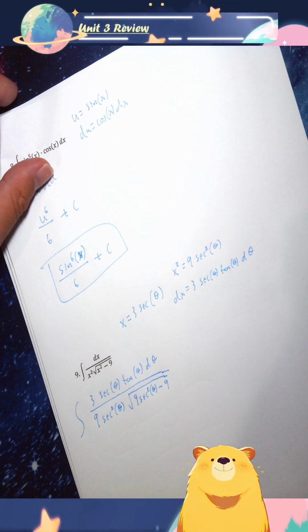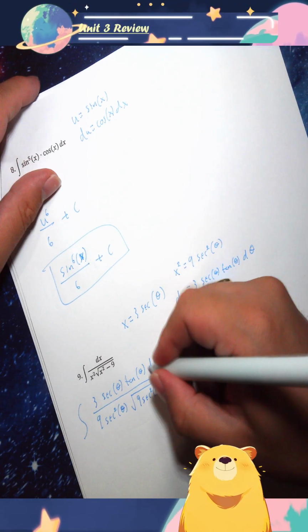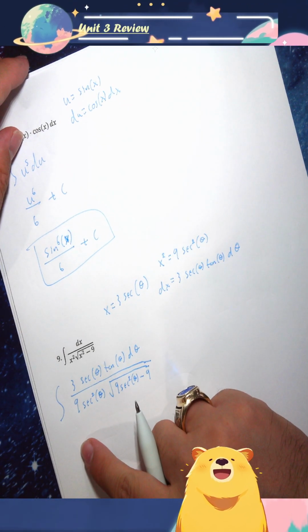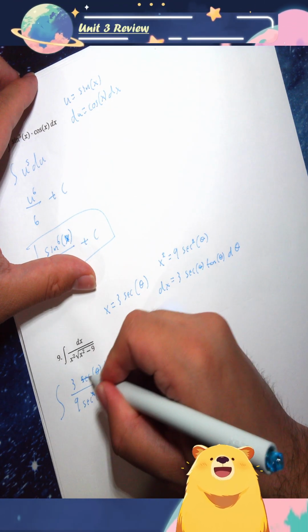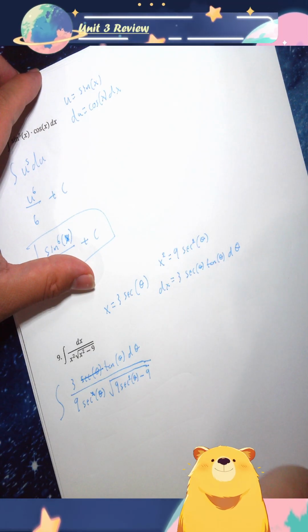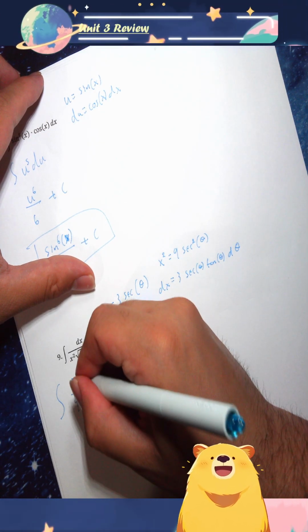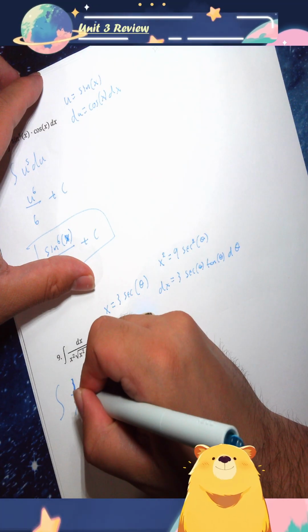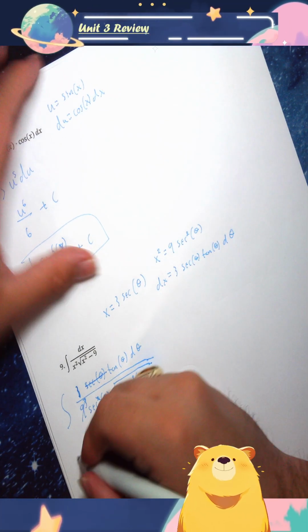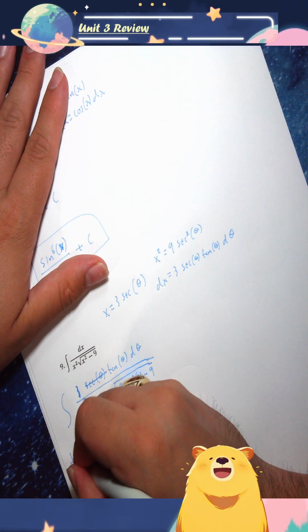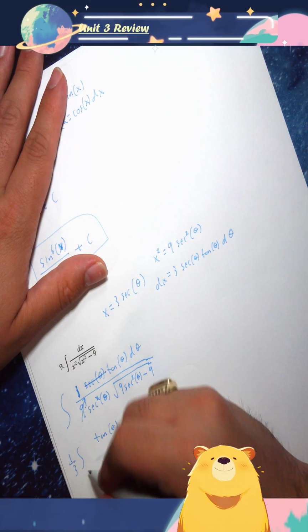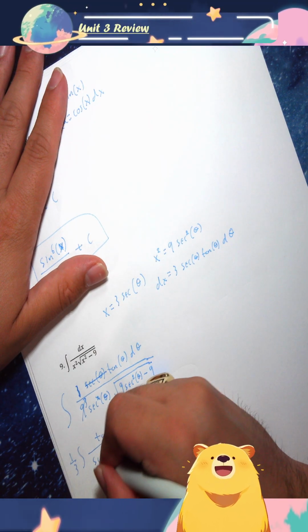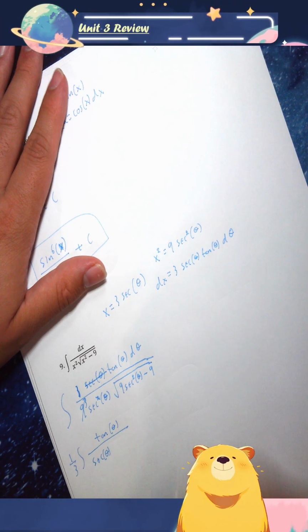Okay. Well, from here, and the d theta is here. So from here, we can cancel out one of the secants already, and that just goes to 1 over 3.